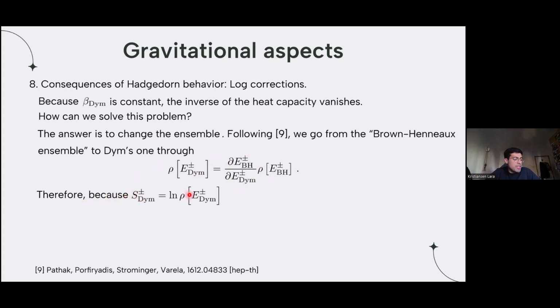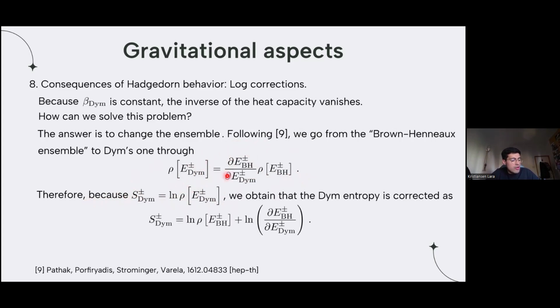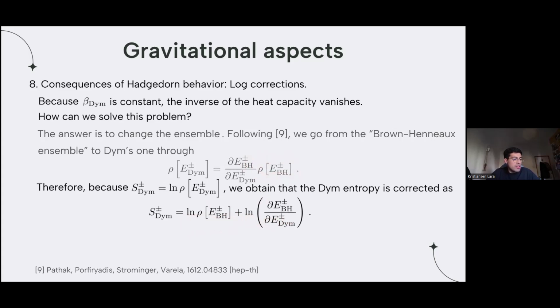Therefore, because the entropy is the logarithm of the density of states of DIM, notice the following. We can compute the logarithm of this quantity that you can see here. Because the logarithm turns multiplication into sums, we will have the logarithm of rho of Brown-Henneaux, like this, plus this log correction that you may read here. And this quantity is known.